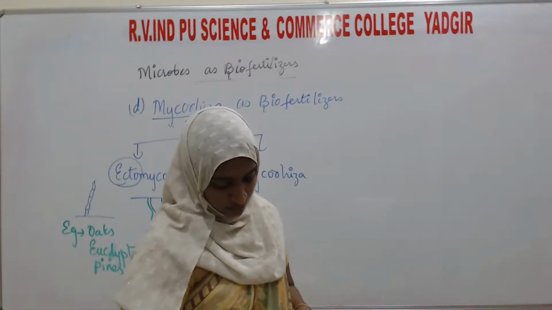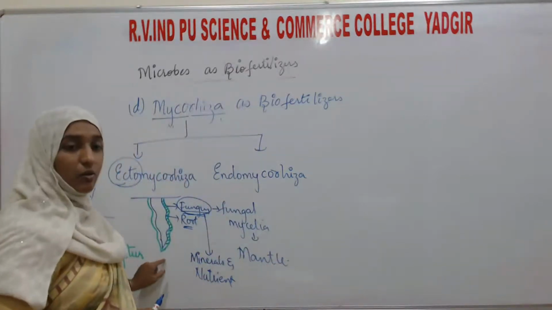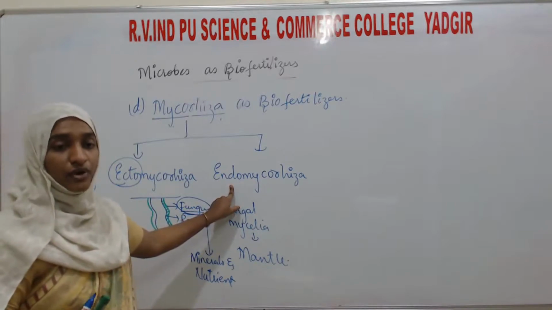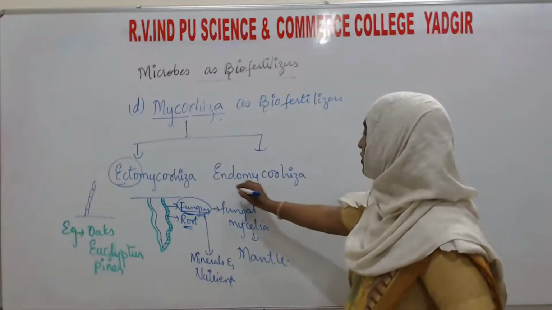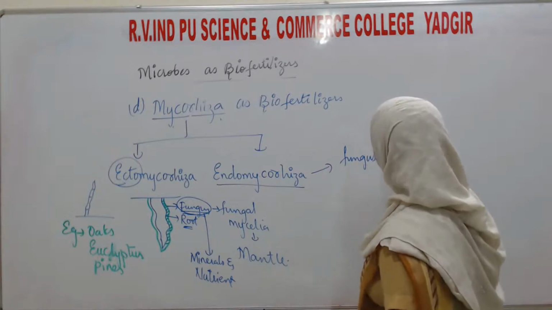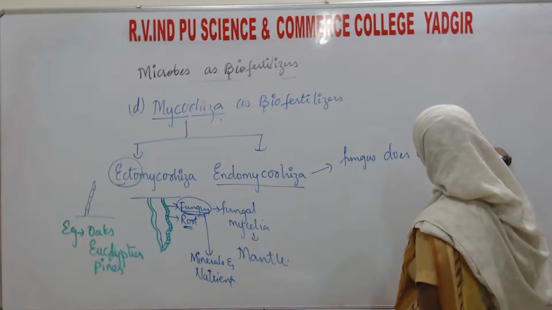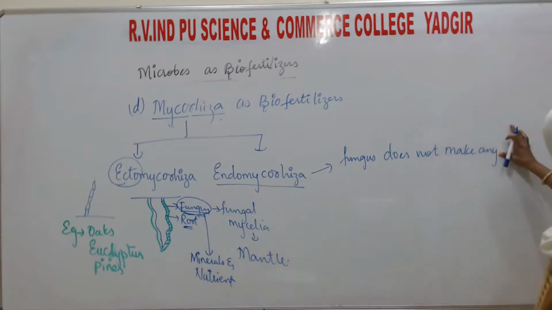Next that is endomycorrhizae. In ectomycorrhizae they are forming a mantle over the root. But in the endomycorrhizae, the fungus will not form any mantle over the root.